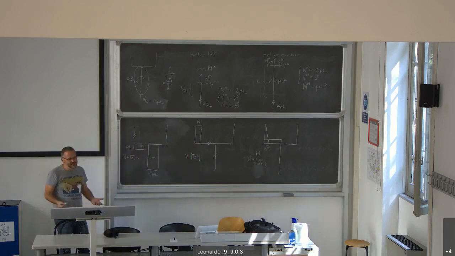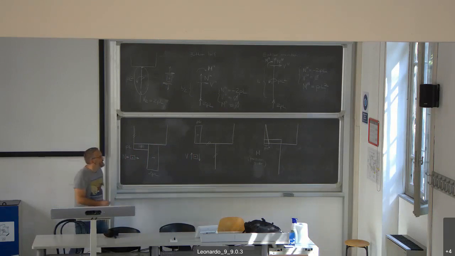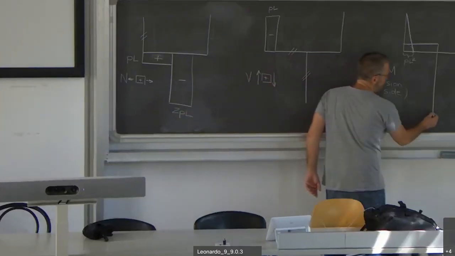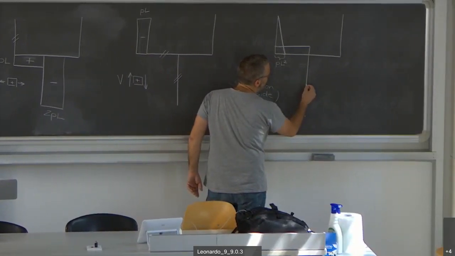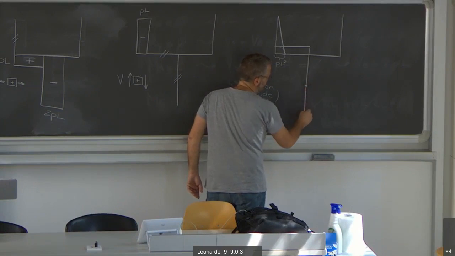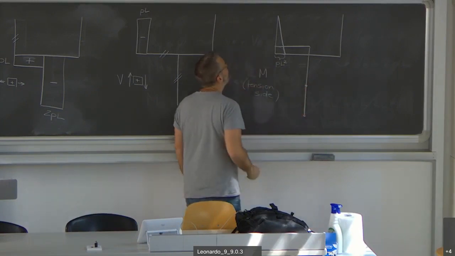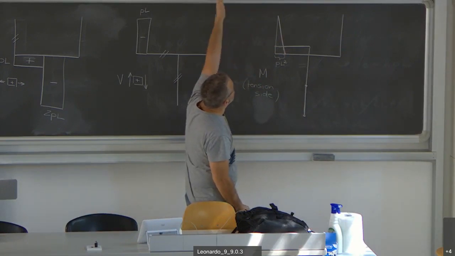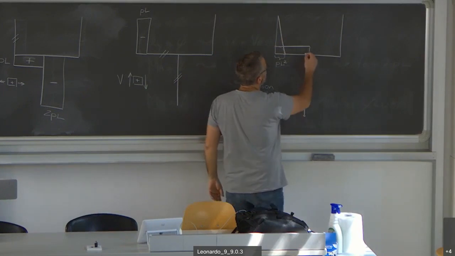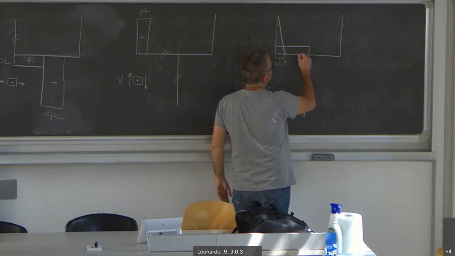What about the bending moment diagram? I know it's 0 here. I know it's 0 one moment before midspan. And then I know that at the top, it's PL squared, tension to the left.